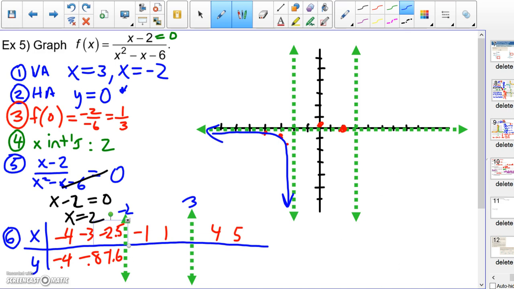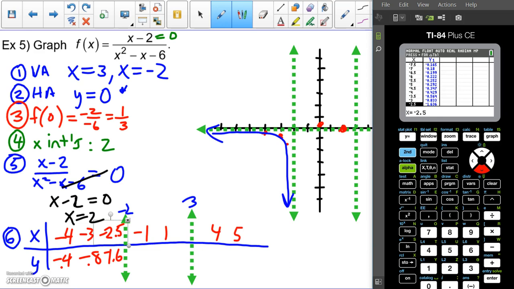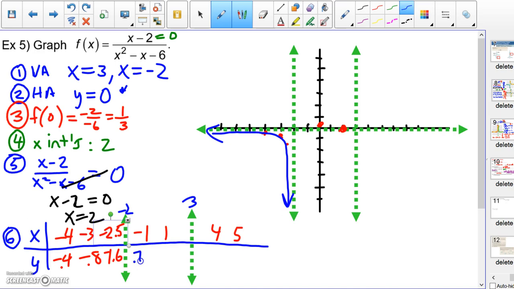So now we need to think about the section in between the two asymptotes. If I plug in -1, -1 gives me 0.75. Let's go back to red. -1, 0.75 is right there.